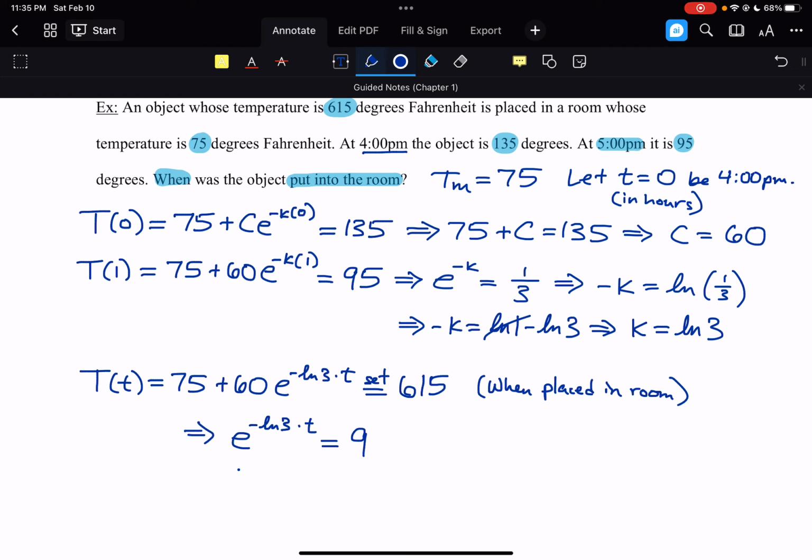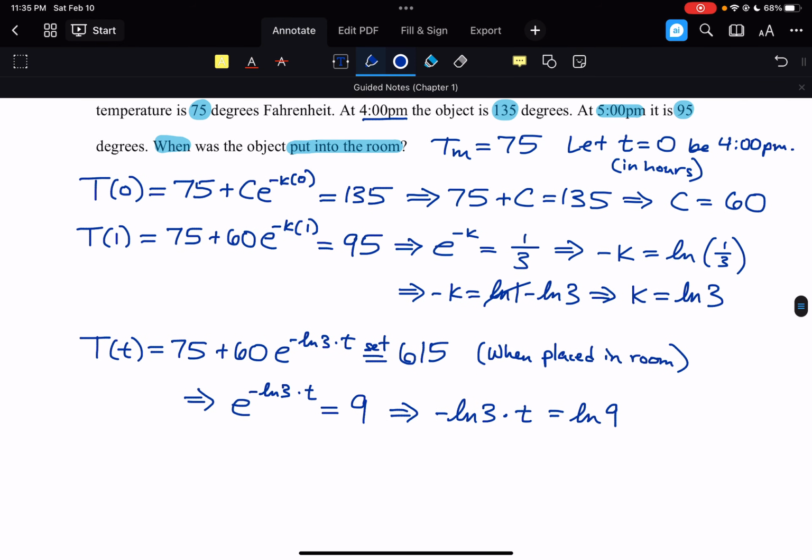If we take the natural log of both sides of this, we get negative ln of 3 times t equals ln of 9. So divide that over to solve for t. So t equals ln of 9 over negative ln of 3.